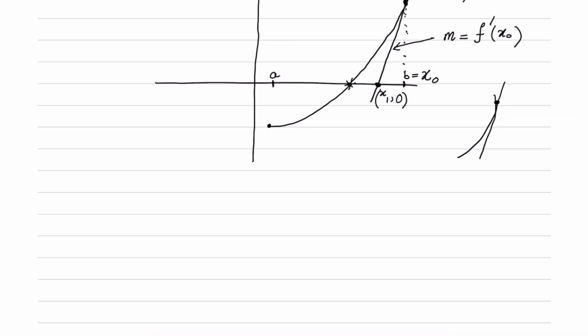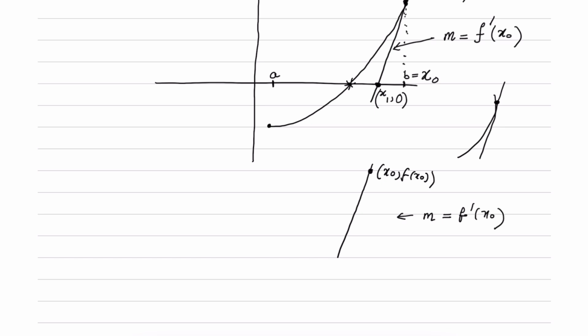This tangent line is this line. This line is passing through or touching the curve at this point, and the slope of this tangent line is f dash x0.